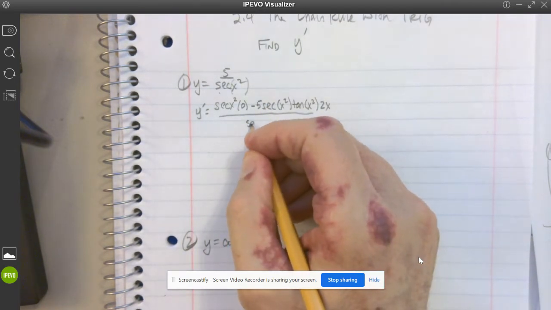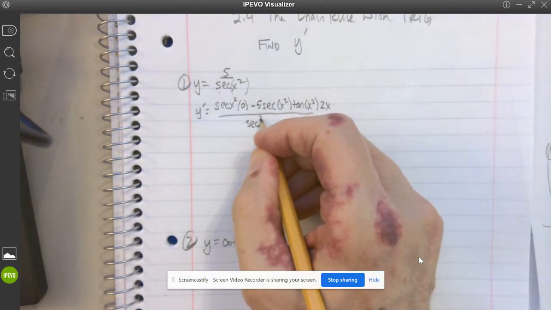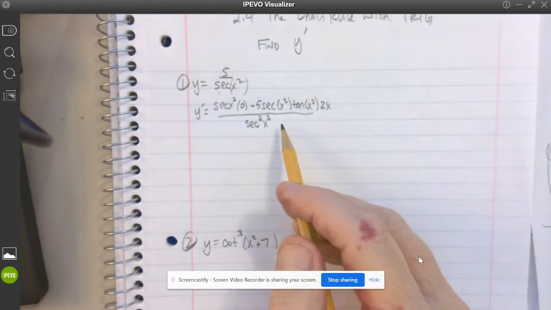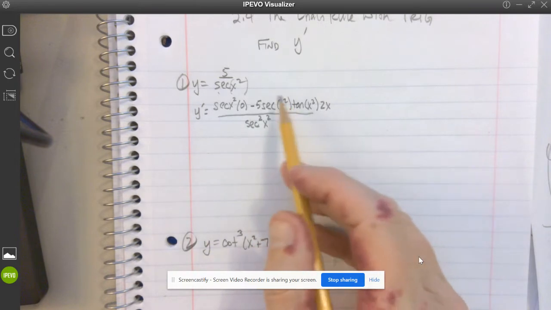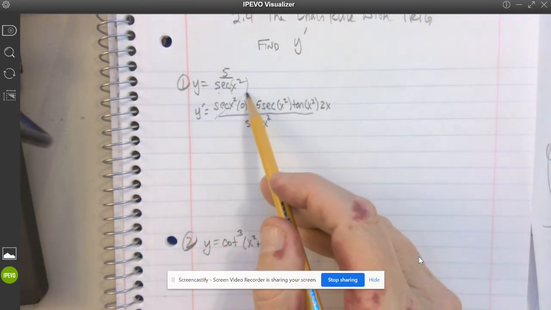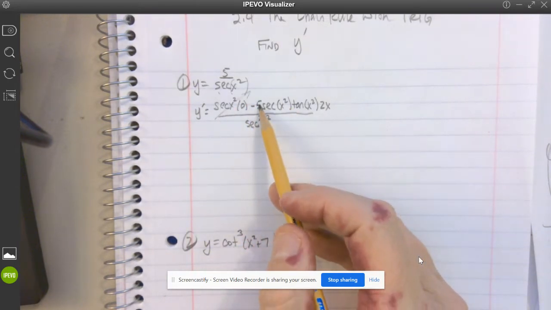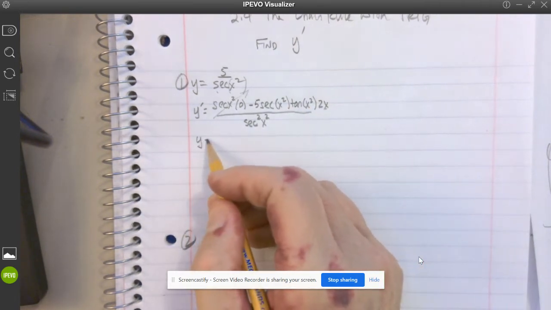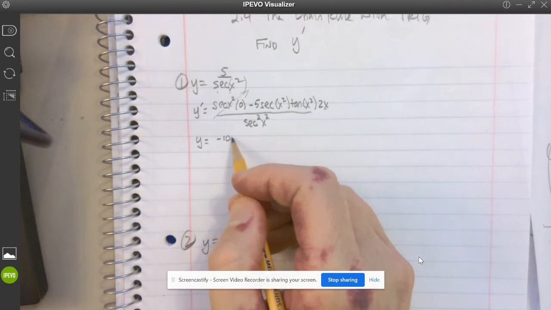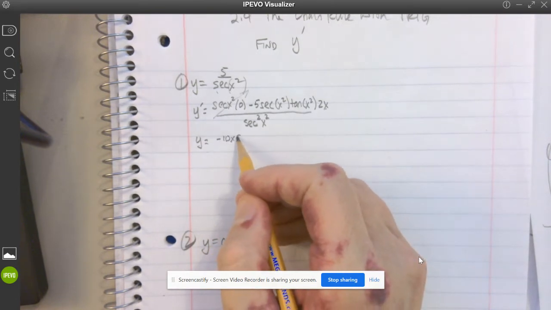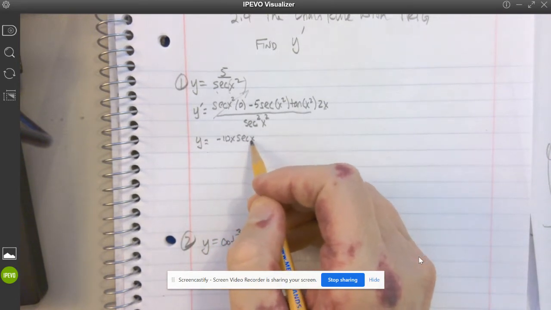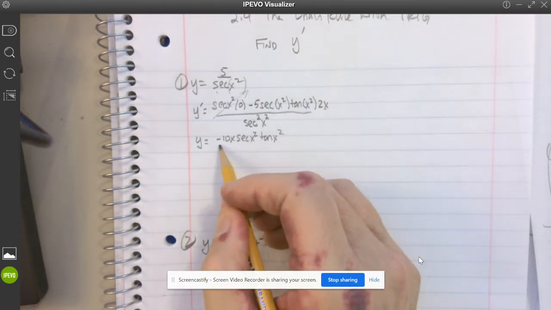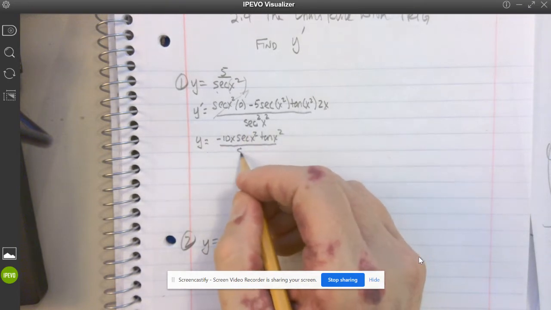So secant squared x squared. So now we're going to simplify. This is 0. We have negative 5 times 2x is 10x. So we have negative 10x secant x squared tangent x squared over secant squared x squared.